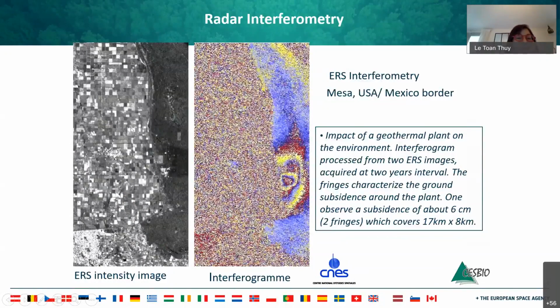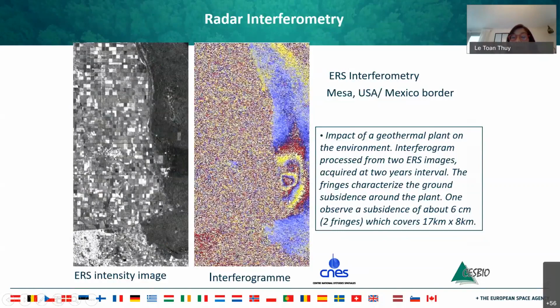But guess where is the US and where is Mexico? It's the US here, Mexico here, and here is the geothermal plant, where they pump the water to irrigate the fields.